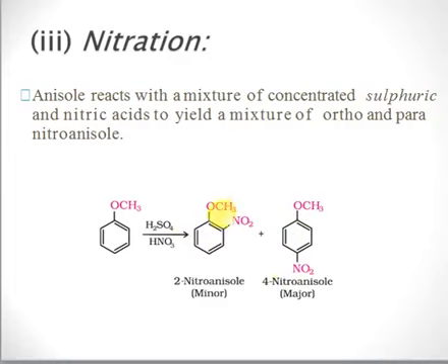Just consider them as two bushes, and these two bushes are very close to each other, so they get stuck into each other, right? In order to avoid the repulsion, this nitro group doesn't prefer to stay at the ortho position. Instead, this nitro group prefers to go to the para position where there is no such repulsion, right? So it is because of this steric hindrance, this steric repulsion, that the ortho product is not formed to a great extent.